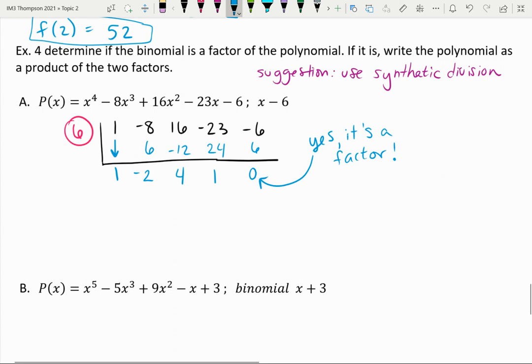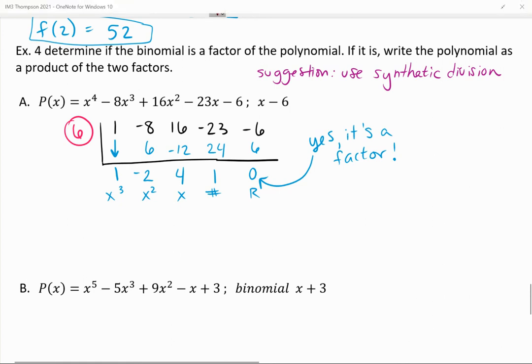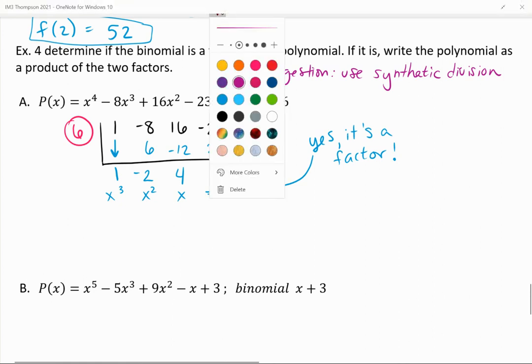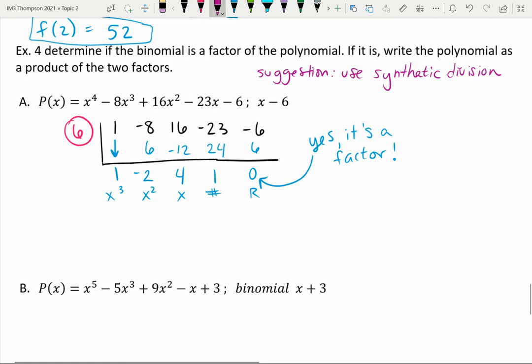So let's see, that's the remainder, this is my constant, this is x squared, and this is x cubed. So I have 1x cubed minus 2x squared plus 4x plus 1.